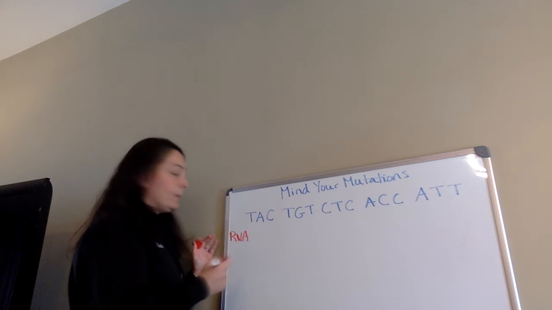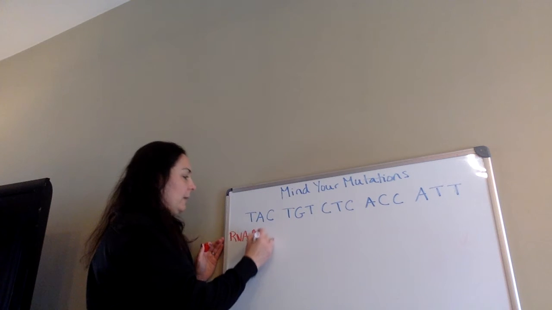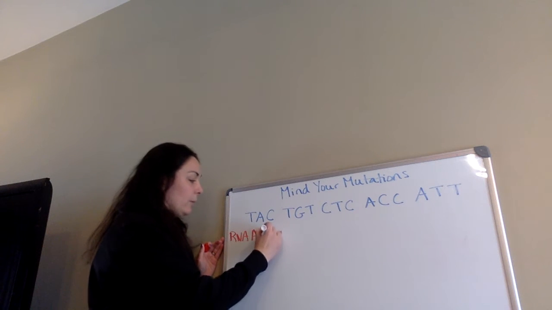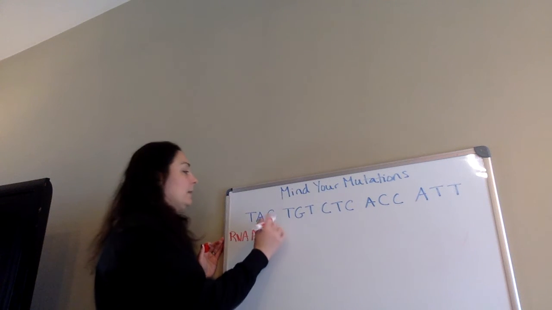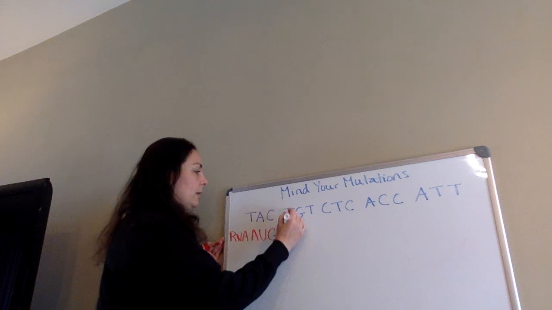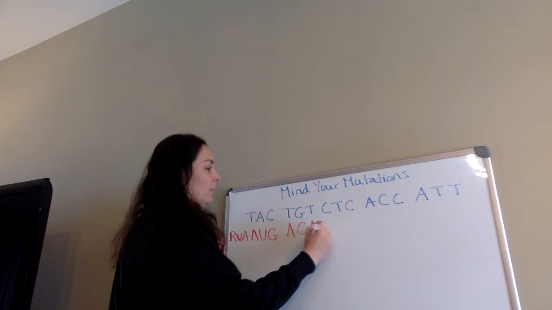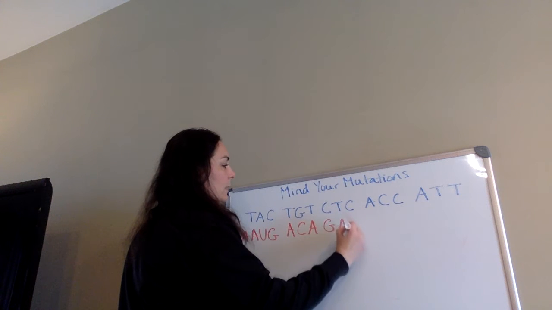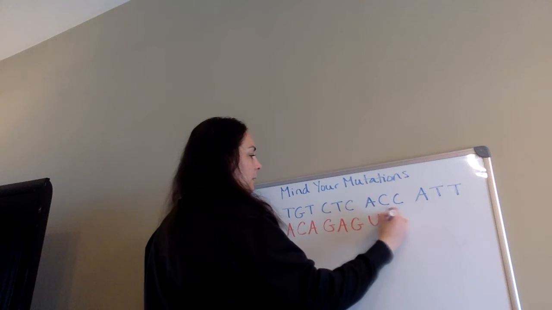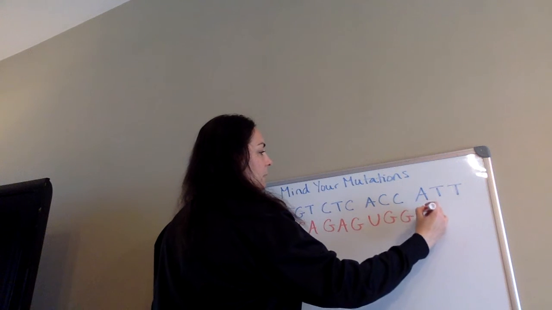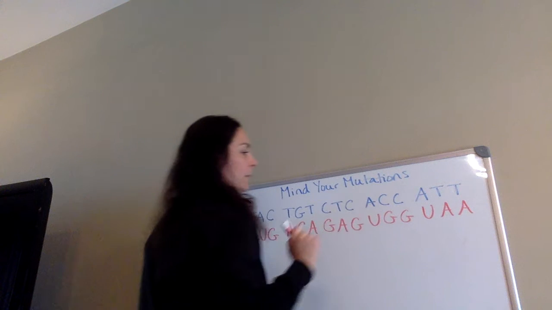So if you remember how to do that, we just go through and say, okay, T's will pair with A's, A's will pair with U, because RNA has uracil instead of thymine. C's will pair with G's, T's with A's, so on and so forth, all the way down the DNA strand. Like so.